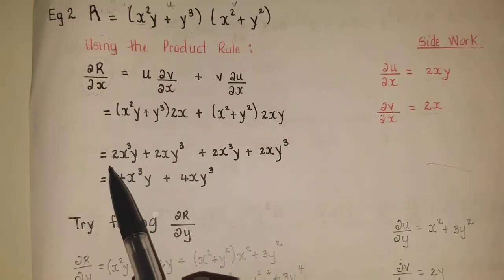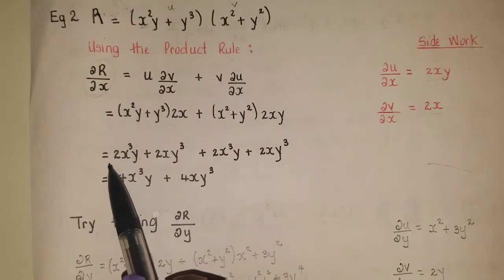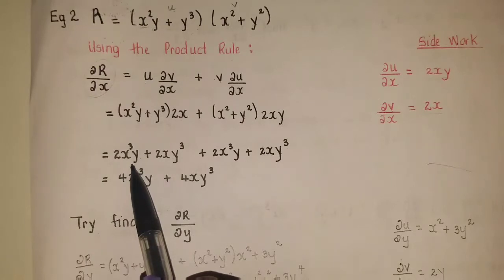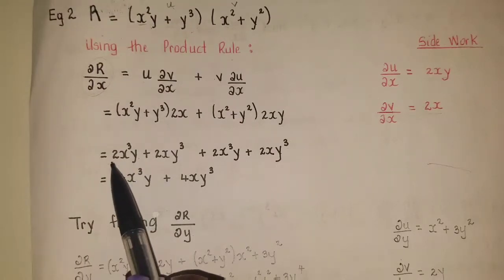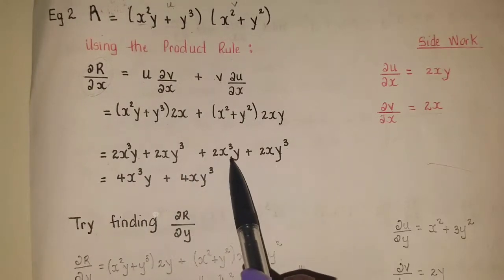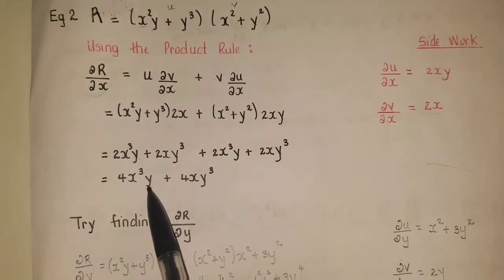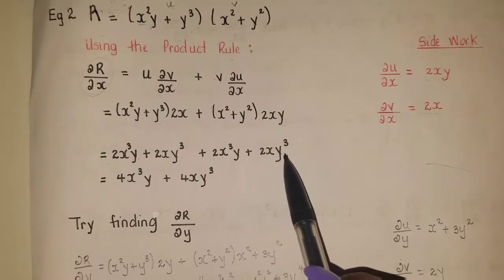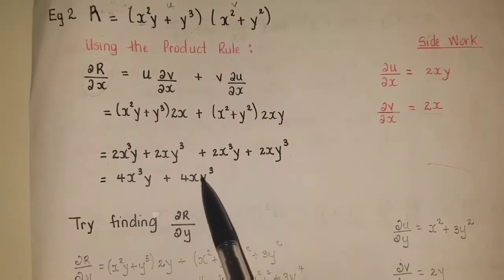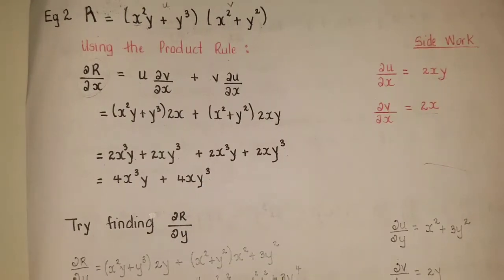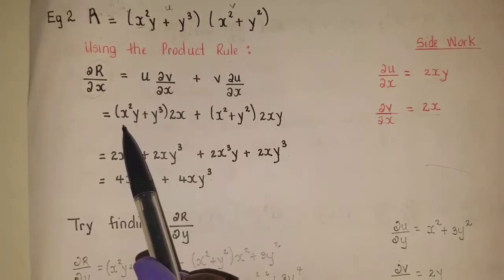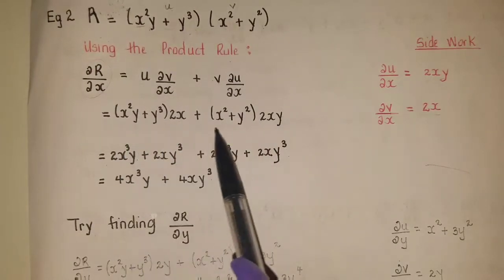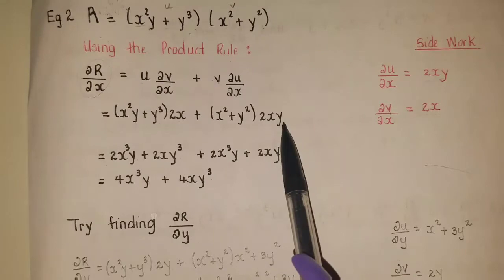So when we group, we have a 2x cubed y plus a 2x cubed y will be 4x cubed y. This 2xy cubed plus another 2xy cubed is a 4xy cubed. Bear in mind, you can leave the answer at this line.